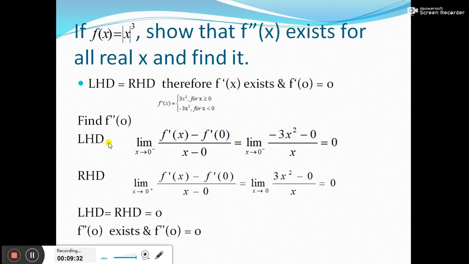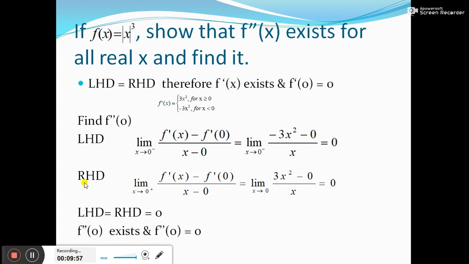For the left hand derivative, we have limit x tends to 0 negative, f dash x minus f dash 0 upon x minus 0. And f dash x is minus 3x square when x is less than 0. Therefore, we have minus 3x square minus 0 upon x. On simplification, we get it is equal to 0.